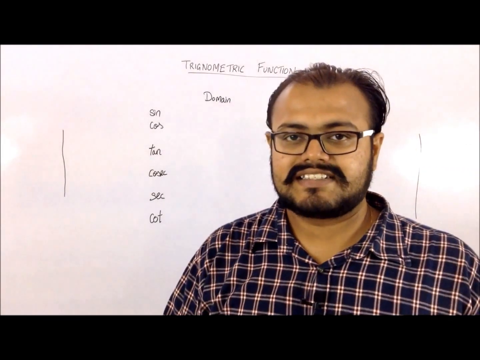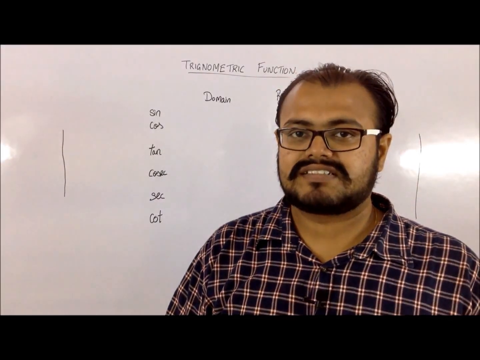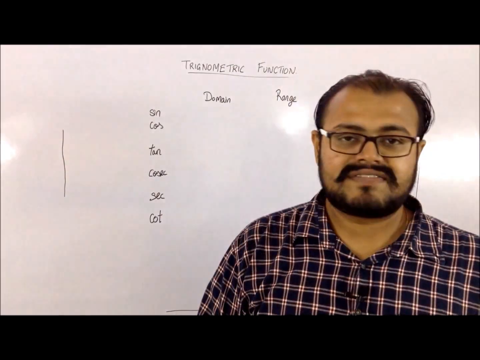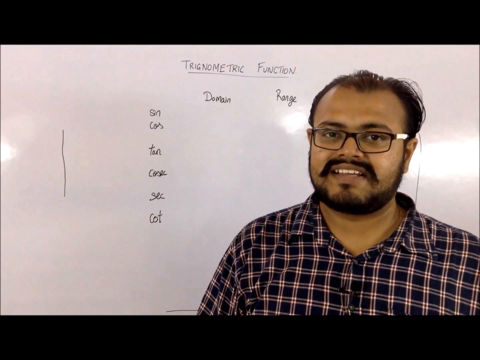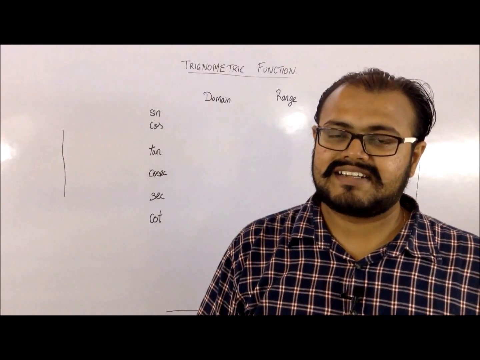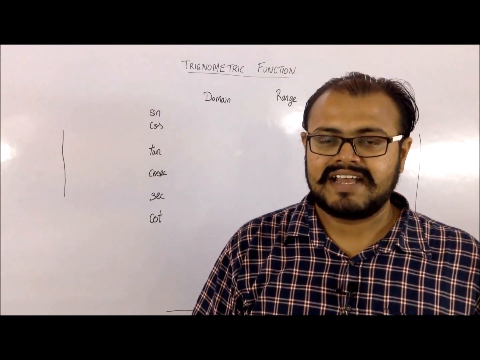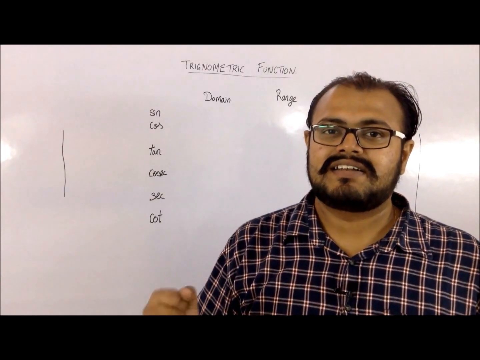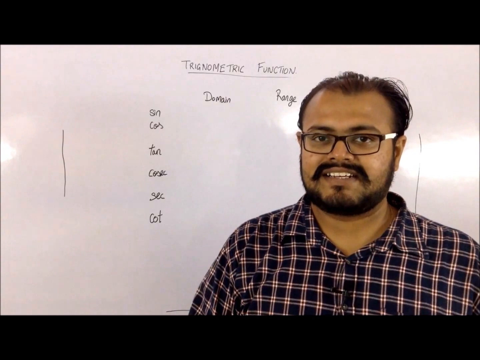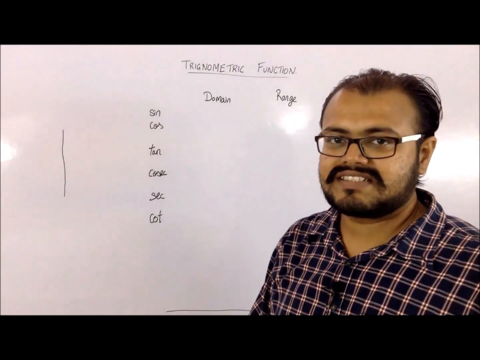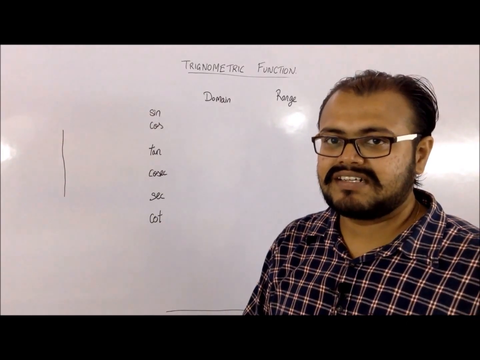Since we have already discussed trigonometric functions, and since they are functions, they have to have a domain and a range. Now, the definition of domain in a very simple way is the set of values which the function can take without giving a non-defined or infinite answer.